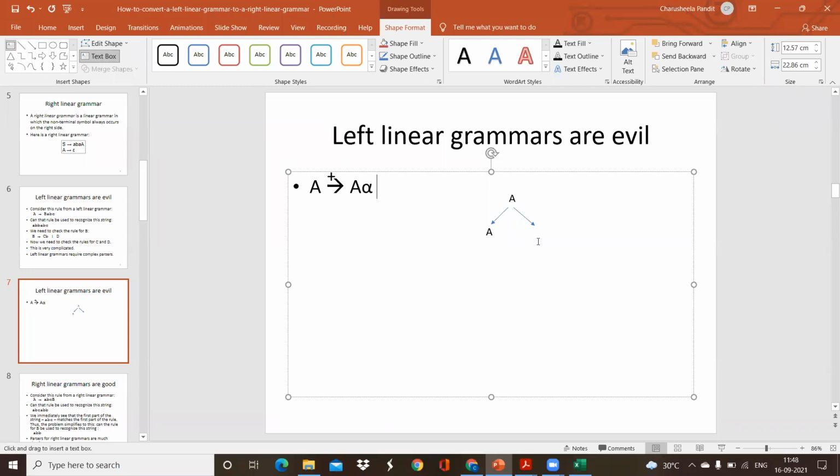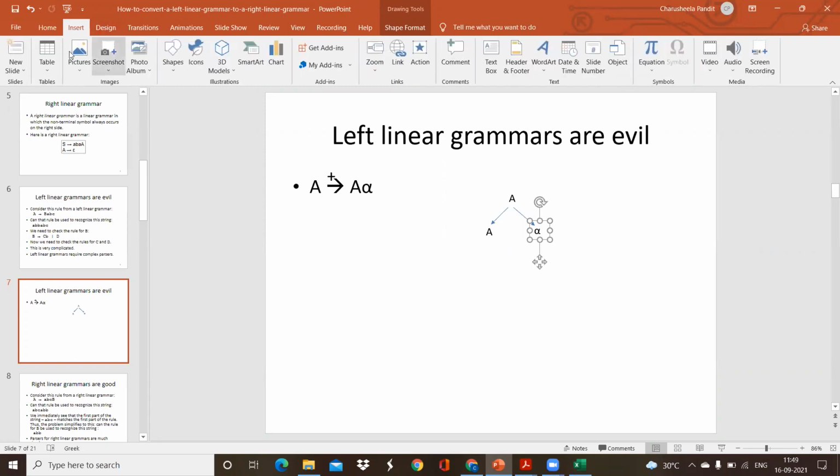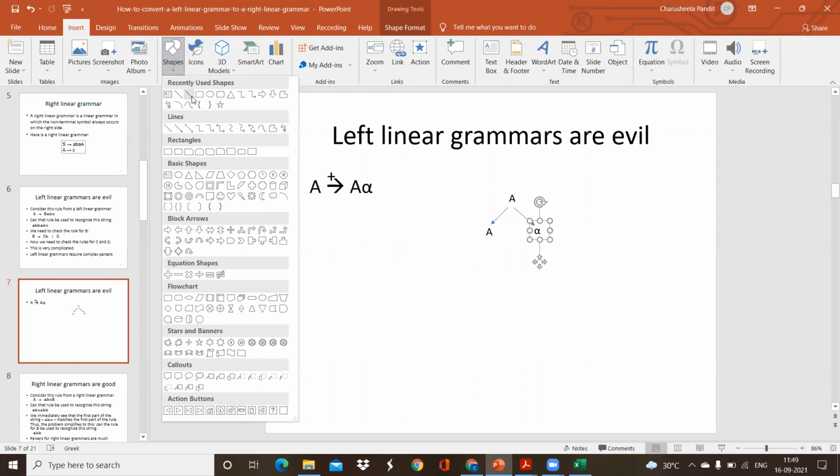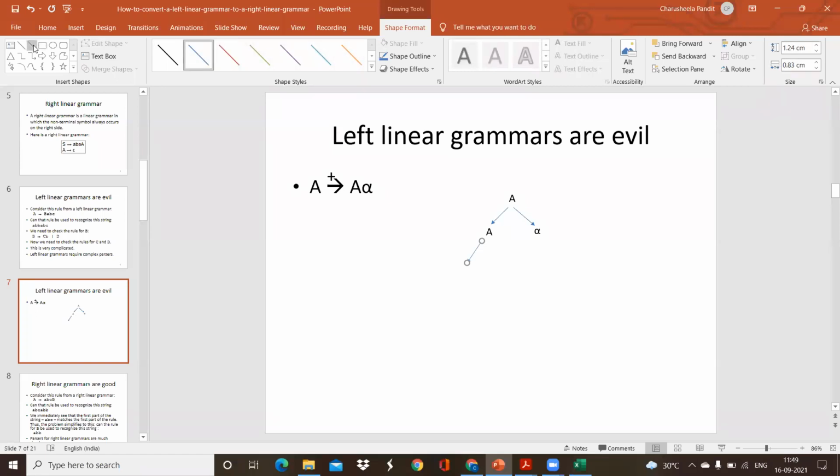So this A got expanded to A alpha. Now again this A, again this A, it will again get expanded to A alpha.